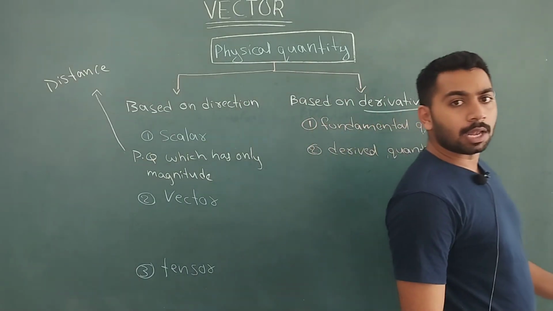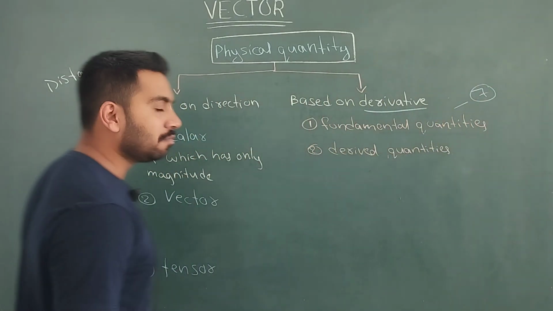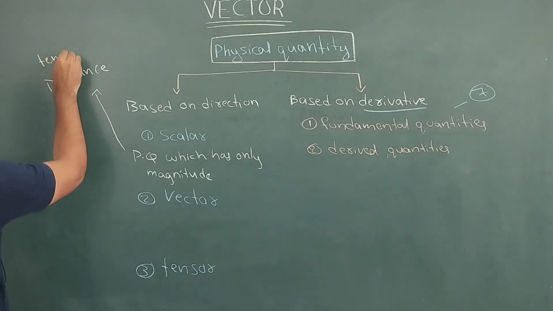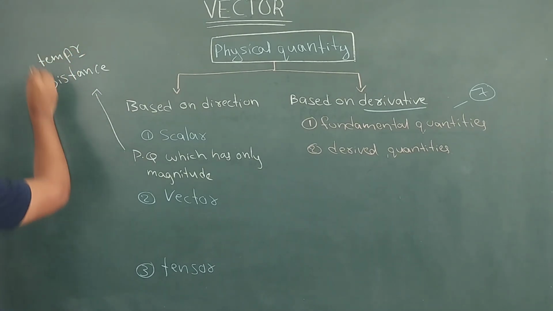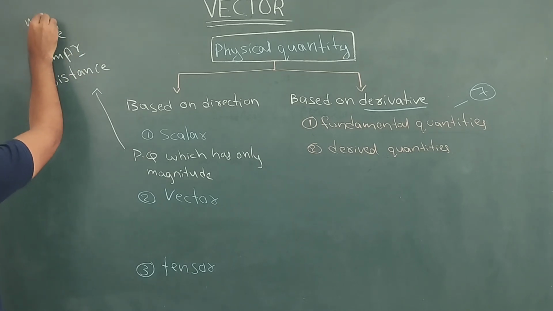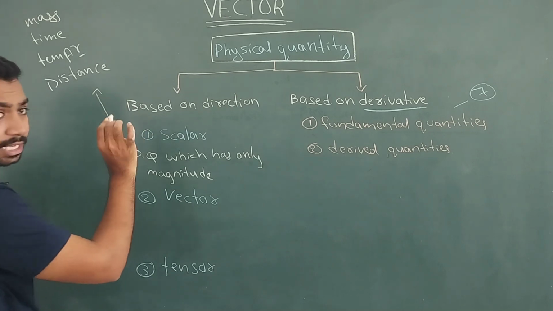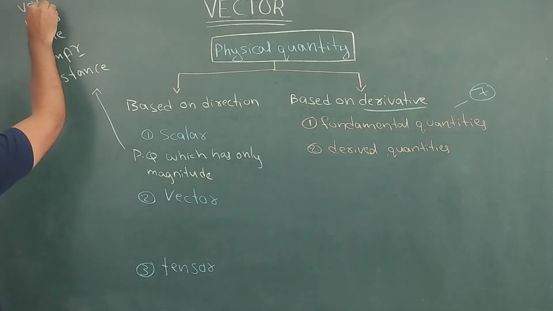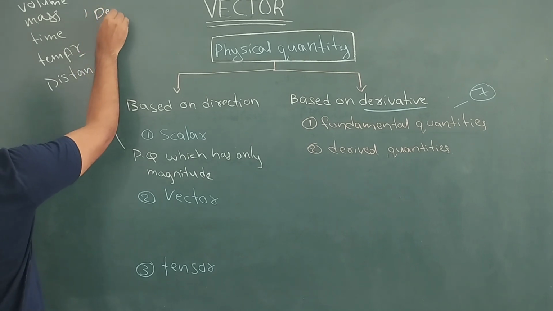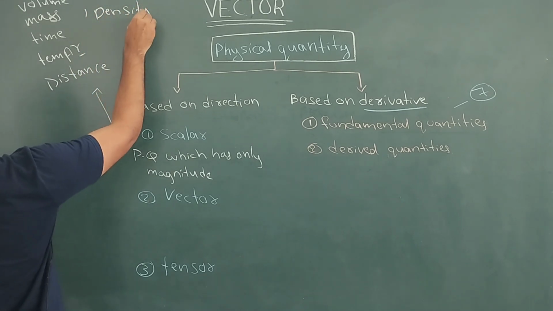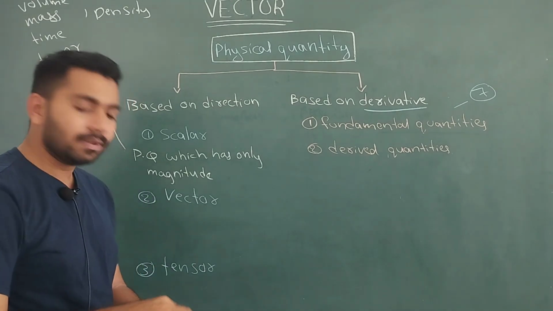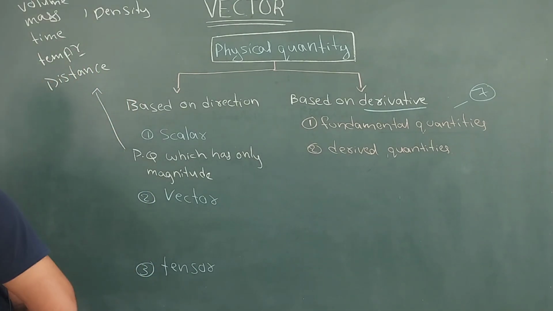Then how is it scalar? I will tell you, don't hurry. Distance, temperature, time, mass, density, volume, and many more: only those which have a number, nothing extra.